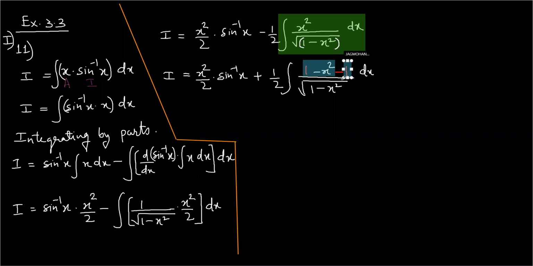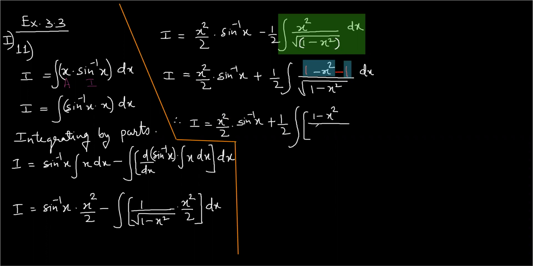So the next step I get is I equals x square by 2 multiplied with sine inverse x plus 1 by 2 and integral 1 minus x square divided by square root of 1 minus x square minus 1 upon square root of 1 minus x square and dx.